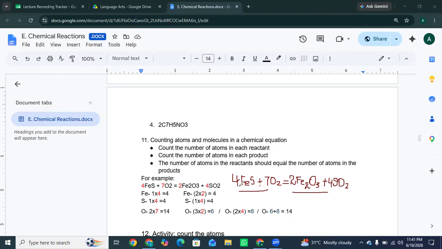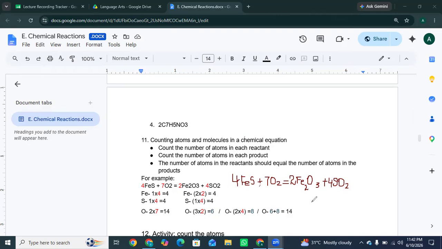The rule is that the total number of atoms for each element must be exactly the same on both sides. So the steps are: count the number of atoms in each reactant and count the number of atoms in each product.